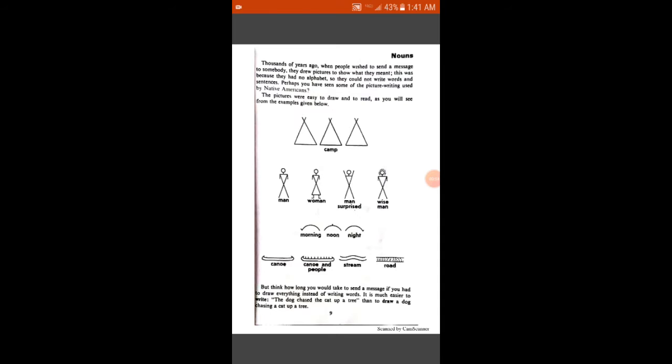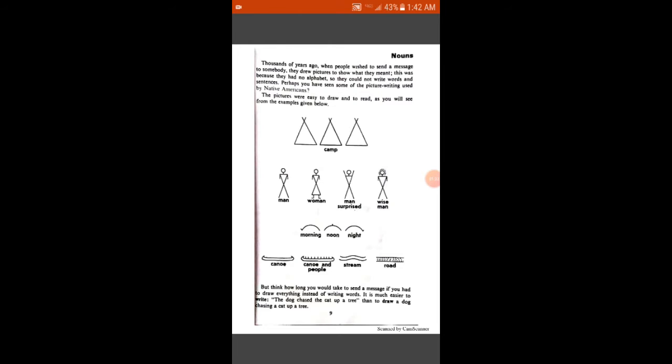Which pictures? You can see on your screen, there are some pictures drawn, like for the camp we make a triangle with some edges going outside. This is very familiar, man and woman, because we use it nowadays for mentioning gender, and you can see it in public places, in public toilets, and in waiting rooms we also mention these sorts of signs, man and woman.